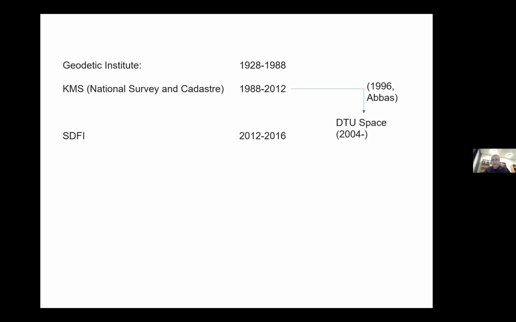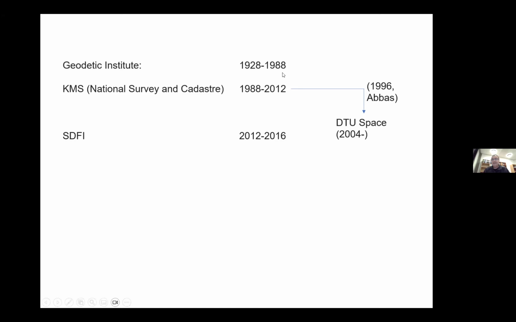Now, before I start the presentation, I just want to give you a background on the data I'm using. Most of this data comes from a Geodetic Institute. The Geodetic Institute was responsible for all the surveys in Greenland, the Faroe Islands, and Denmark concerning mapping and gravity measurements and all other geodetic measurements.